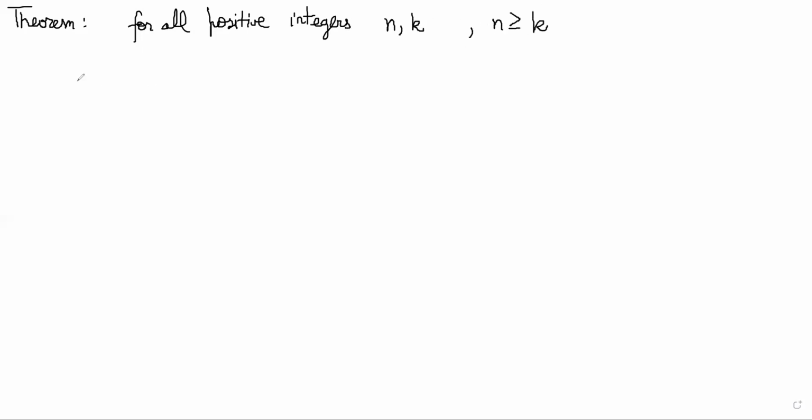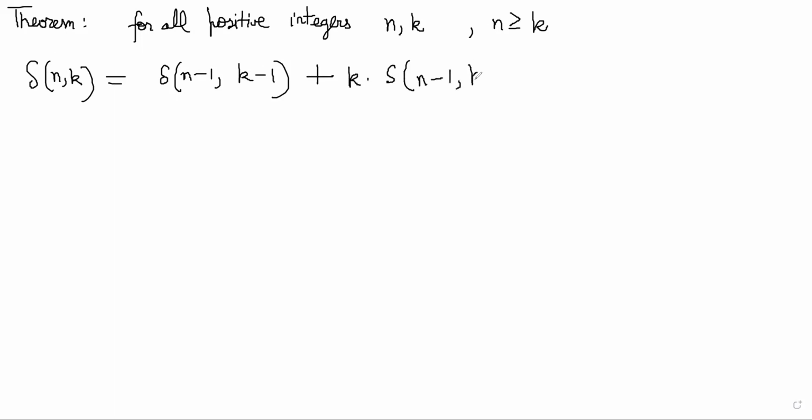So let's try to do this. There is a theorem that we want to prove. This theorem says that for all positive integers n and k such that n is greater than or equal to k, we have S(n, k) equal to S(n-1, k-1) plus k times S(n-1, k).